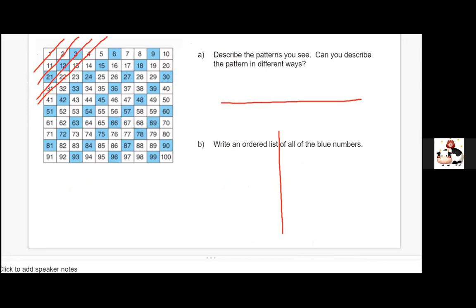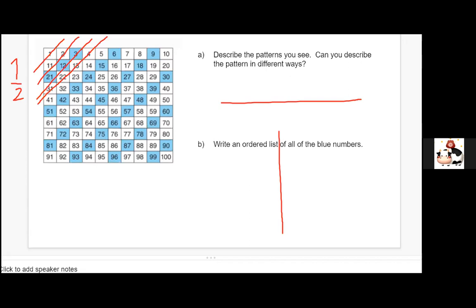So the very first line that I drew here is called diagonal 1. The second line that I drew is diagonal 2. Where is the first diagonal that has the blue boxes? Diagonal 3.